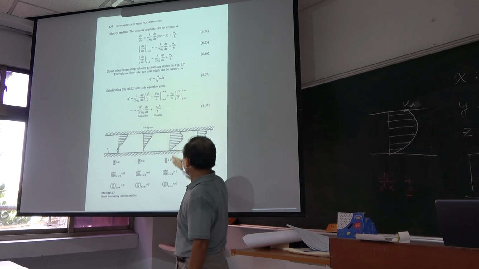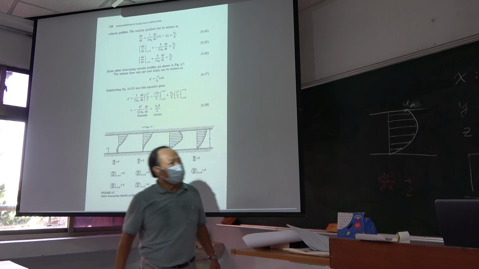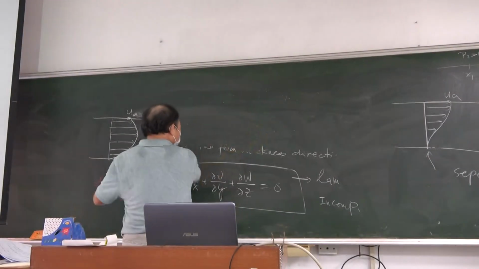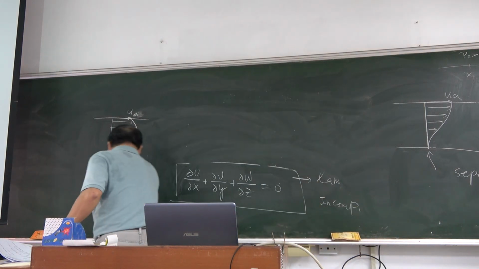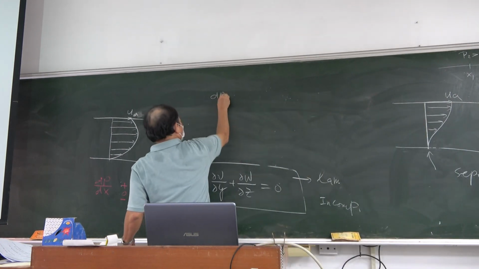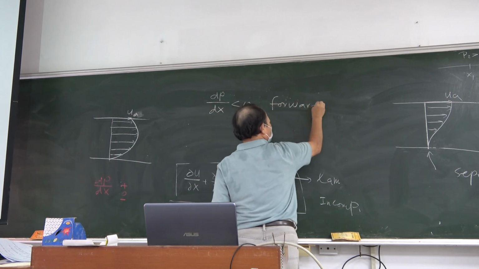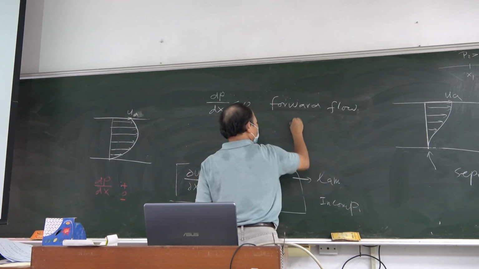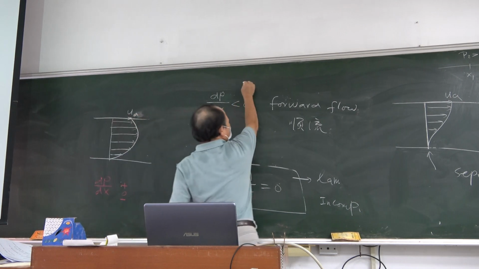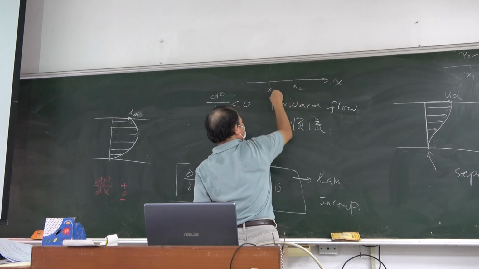The third case is where dP/dx is a negative value. dP/dx negative we call the forward flow. What does that mean? When you move in the x direction, here is x2, here is x1.